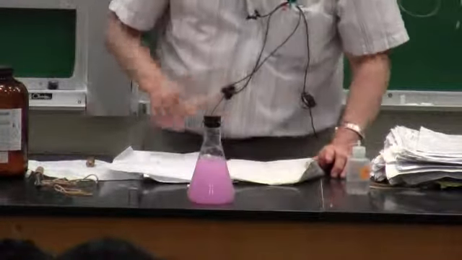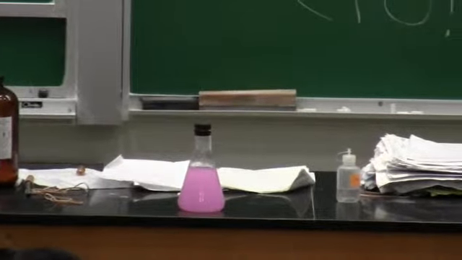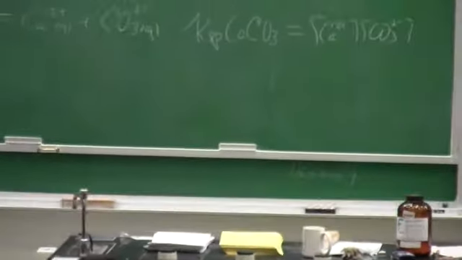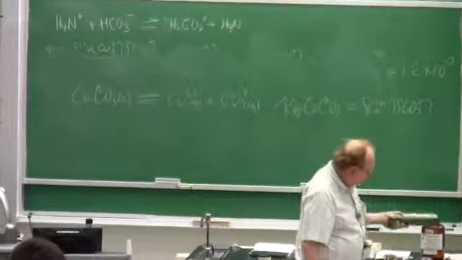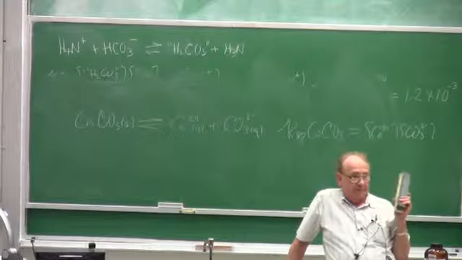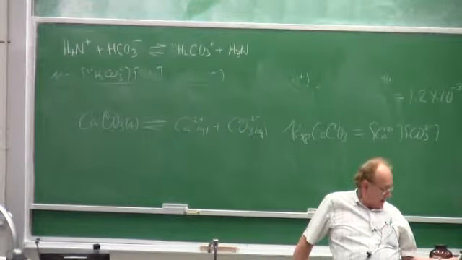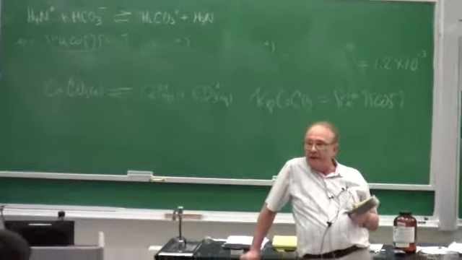A distinct red-pink color is developed on treatment of our saturated calcium carbonate water solution with phenolphthalein. And phenolphthalein, if you don't remember, becomes this red-pink color at pHs above 9.2. And this is a good deal above 9.2, because this is distinctly red-pink. Or perhaps you wish to call that lipstick red. I don't know. I don't care.